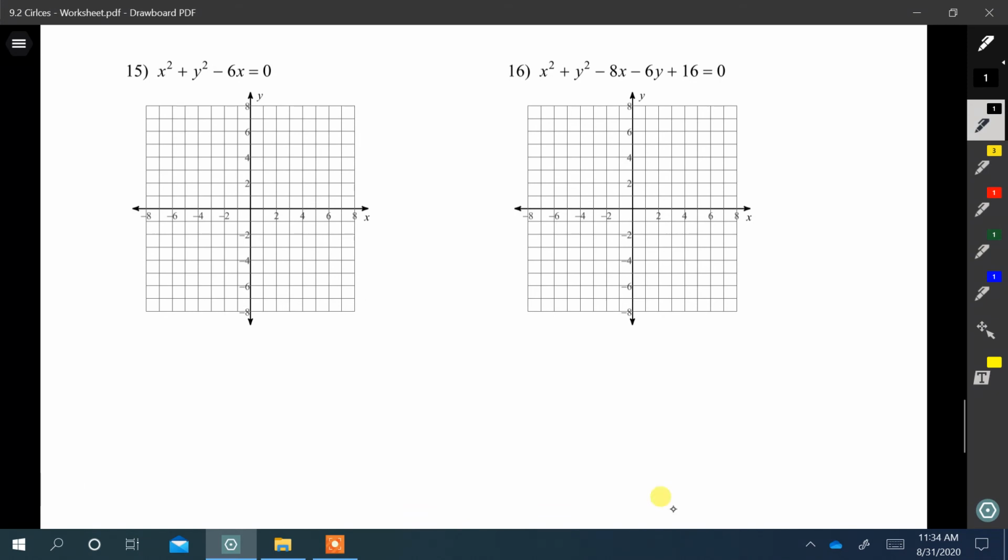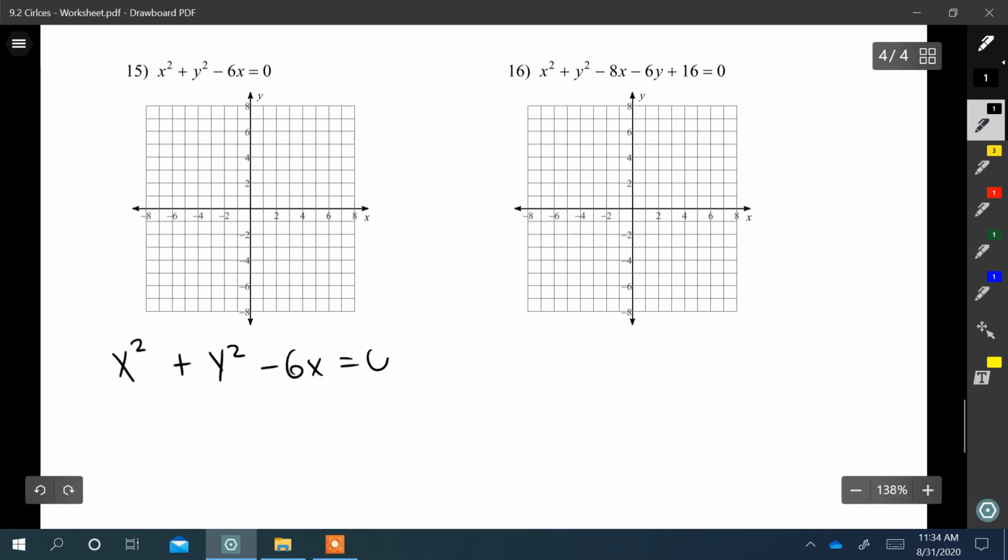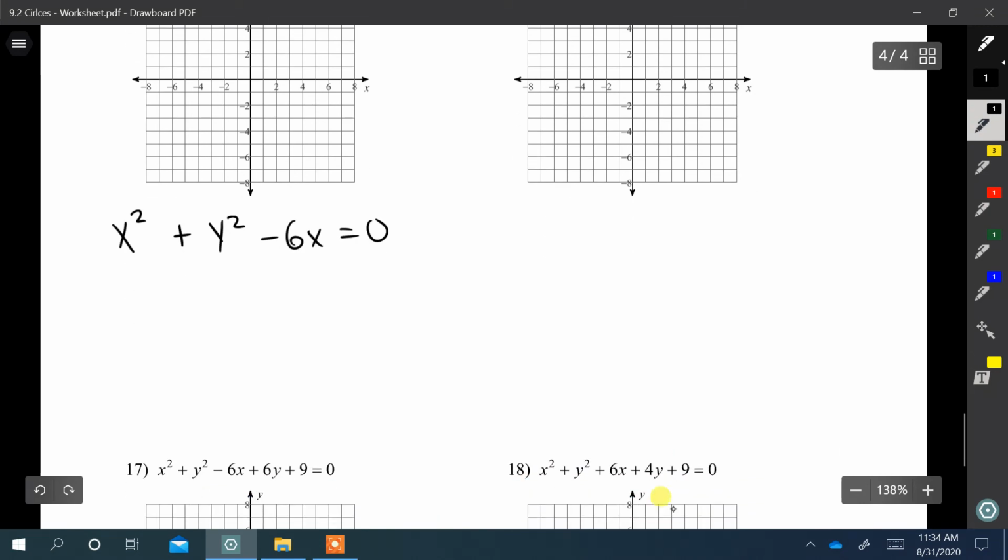First of all, we have x squared plus y squared. I'm going to write everything down in here. The x, you're going to put it together with this one here. We have x squared minus 6x. And I know I'm going to add something here, so I'm going to leave some space there.